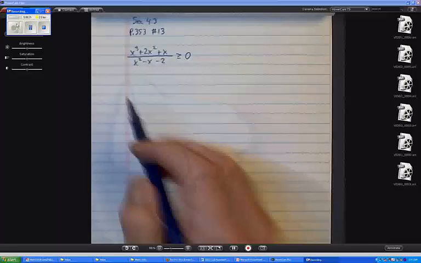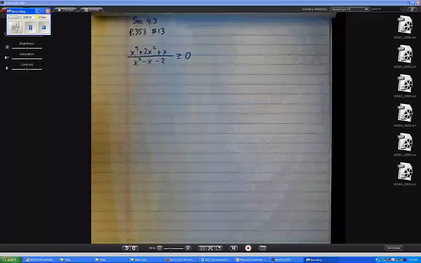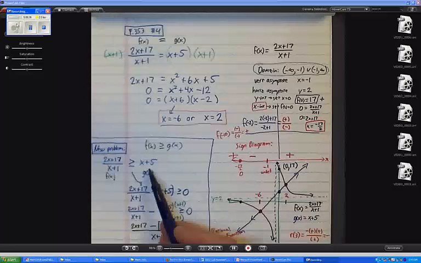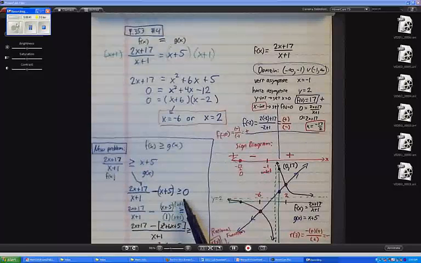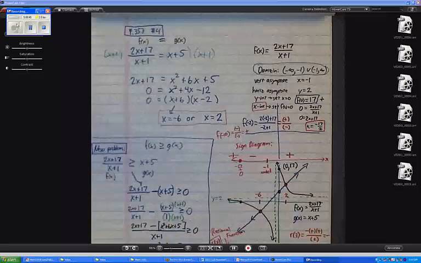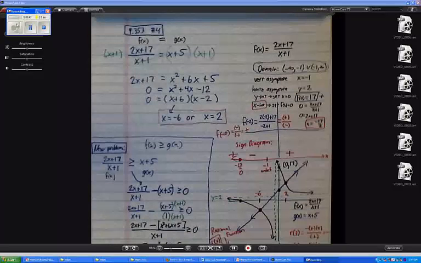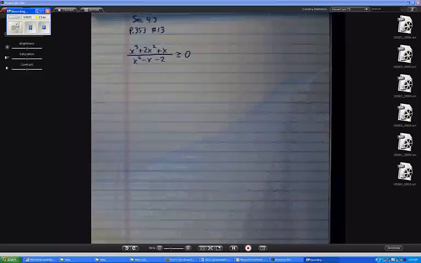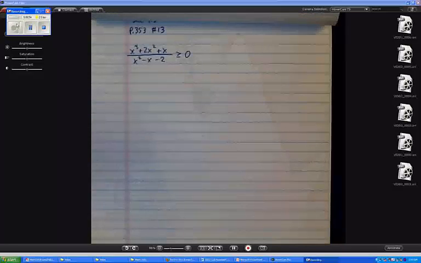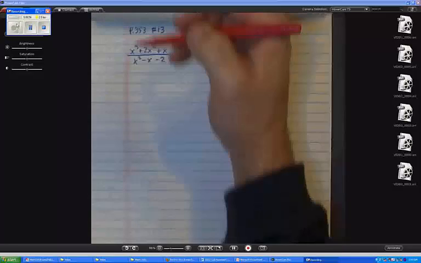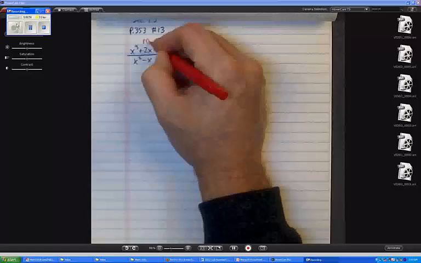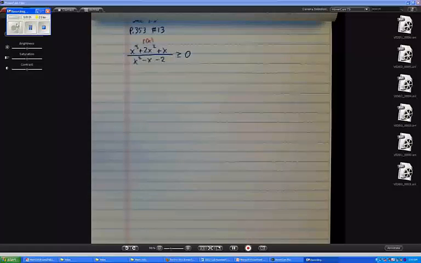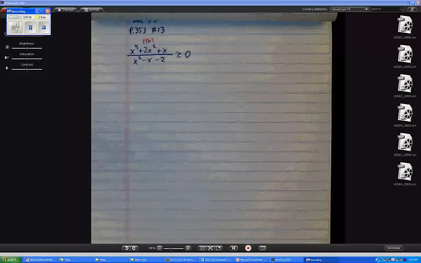Remember the last problem I did? I had to set it greater than or equal to 0. I wanted to get 0 on one side. And then I had to put the two pieces together to make one big rational function that I called r of x. You guys with me? This guy already is a rational function. It already does have 0 on one side. This is my r of x. Okay? I'm almost ready for sign diagram.